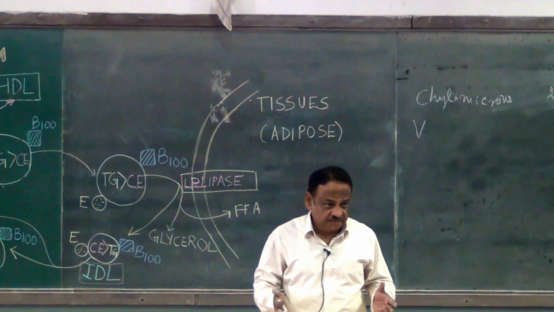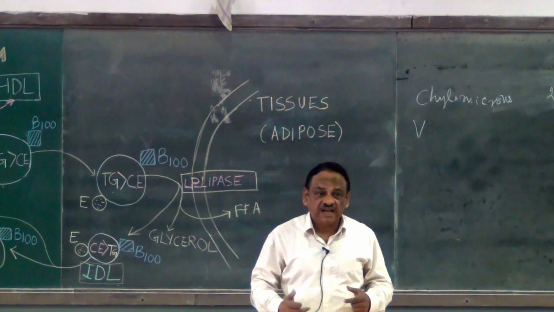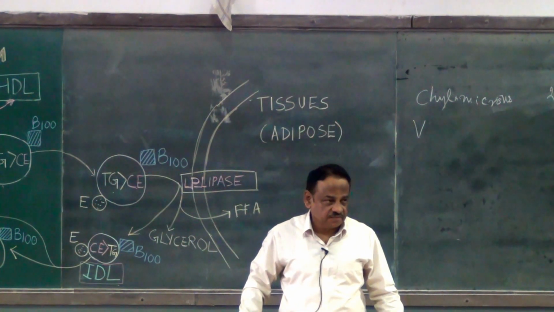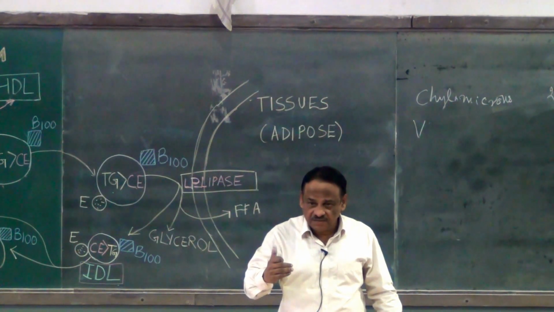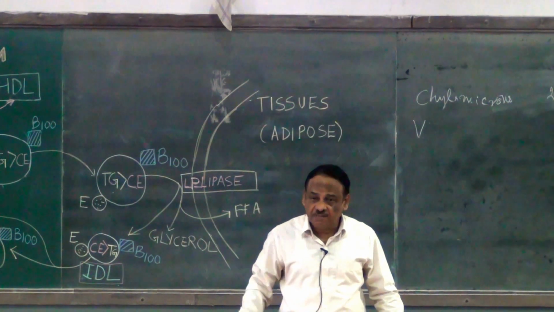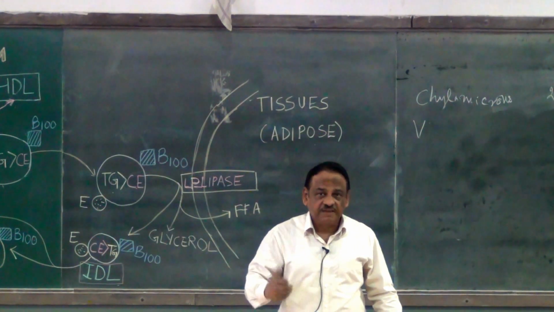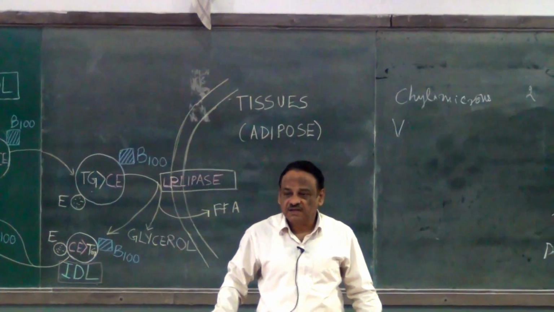What is transcription? Transcription is the formation of messenger RNA from the DNA, from the gene. If messenger RNA is not formed, then protein also will not be formed, because you need mRNA for the synthesis of proteins, right?